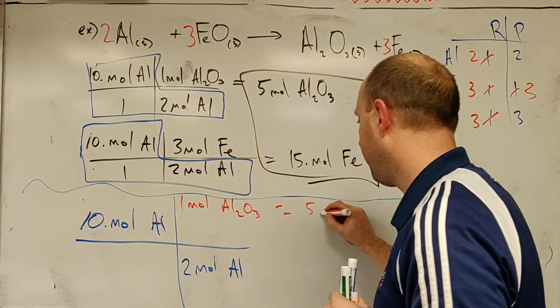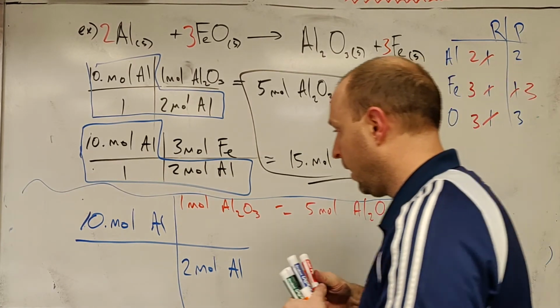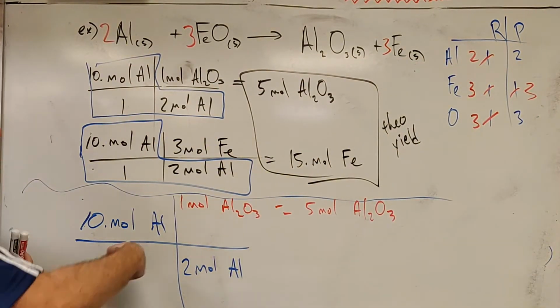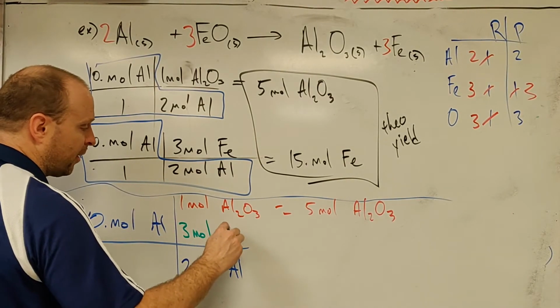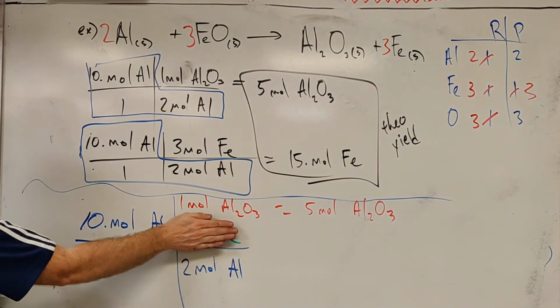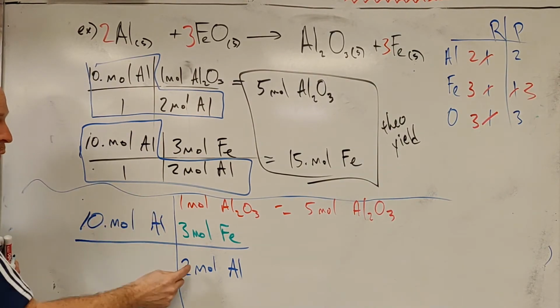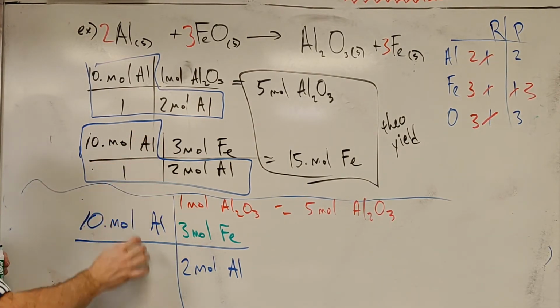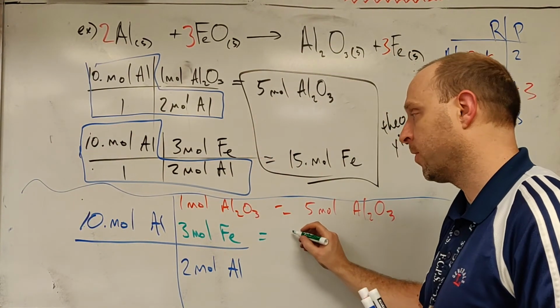That's going to give me my 5 moles of aluminum oxide. And I'm just going to throw in this other calculation totally separately. I'll say, 3 moles of iron. What we're looking at here is the blue with the red, that's what happened there. The blue with the green, that's what happened right there. But I can show it in 1 step, and that saves half the writing in this particular case.